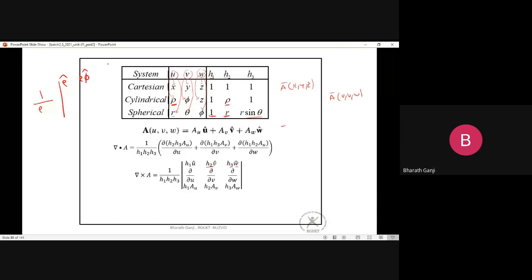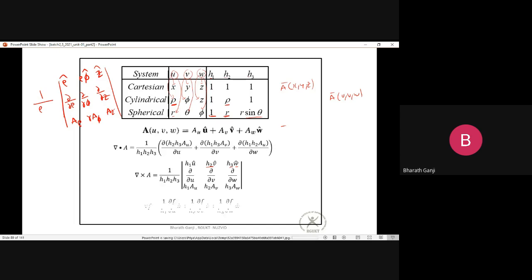Here w is z and h3 is 1, so it is nothing but z cap. Okay, divided by, sorry, dou by dou rho, dou by dou phi, dou by dou z. Okay, and here for the components it is h1 times a_rho component, h2 times a_phi component, and a_z component. So this is your curl in cylindrical coordinate system.